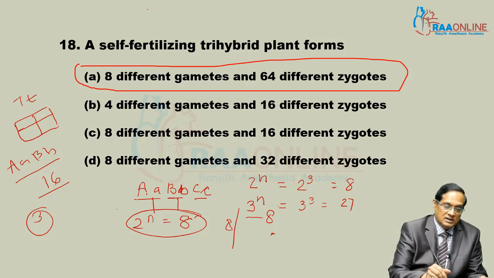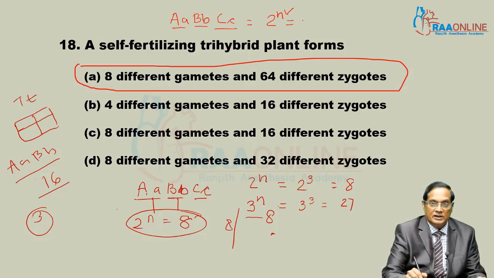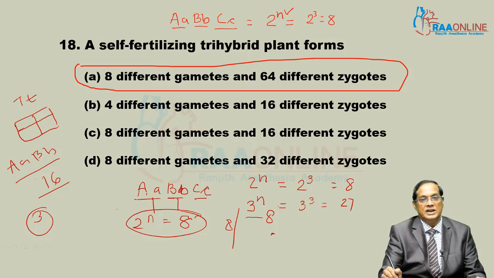How? Let's repeat again. Capital A, small a is monohybrid. If we write capital B, small b, then it is a dihybrid plant for 2 features, and capital C, small c, that is a trihybrid plant. How many types of gamete are produced? There is a shortcut: apply the formula 2 raised to power n. N indicates hybrid. This plant is trihybrid, that's why the value of n is 3 and the answer you will find is 8 types of gamete.